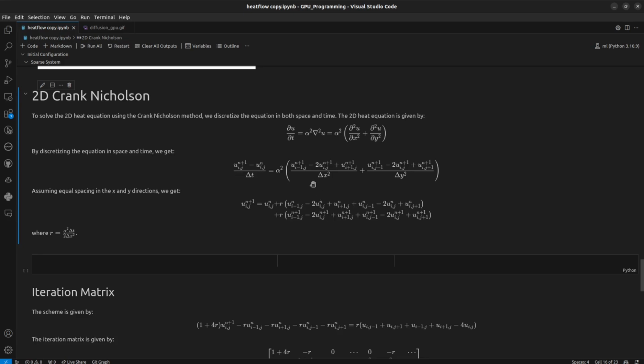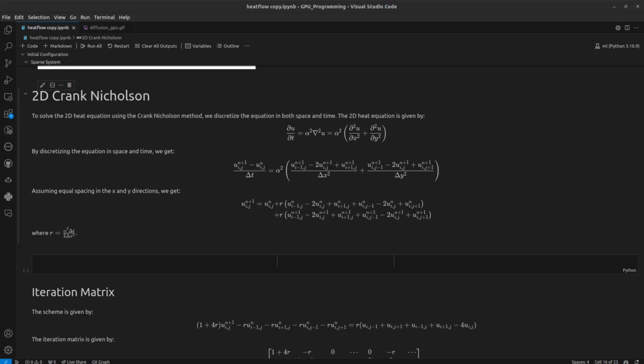We also have to use two central differencing schemes for the second derivatives, one in the x direction, one in the y direction. And if we then further assume that both directions are equally spaced, we can derive this formula where r again is just a prefactor that sums up all the constant coefficients.